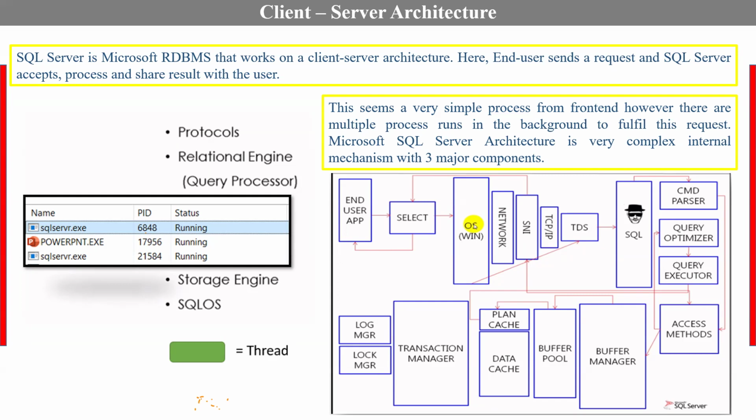The command parser will check the syntax error, bind the request, prepare the query tree, and go to the optimizer. The optimizer is not straight away preparing a single plan. It will prepare multiple plans and choose the best plan based on selectivity and cost. It's like when you plan a trip, you prepare one or two plans and finally finalize one.